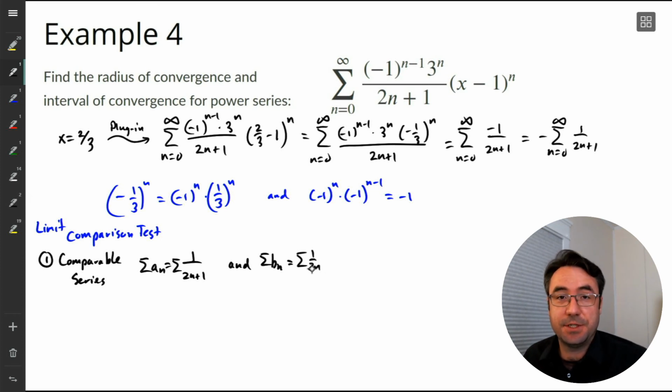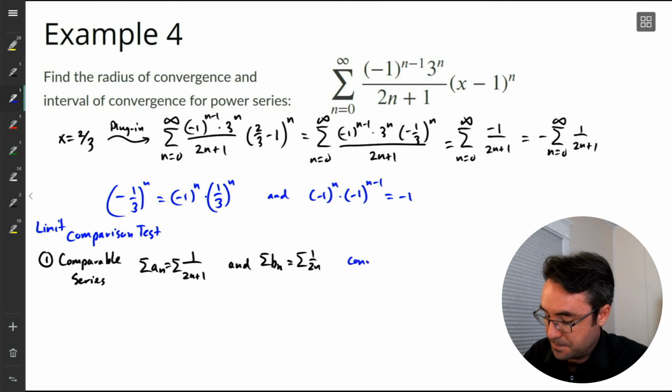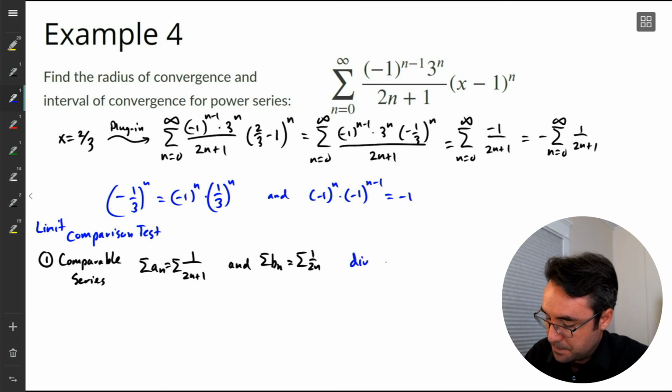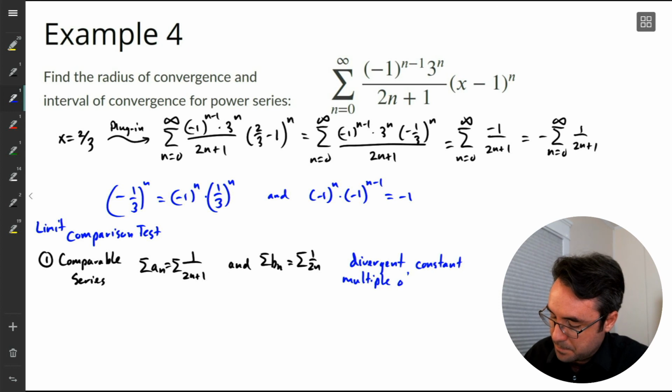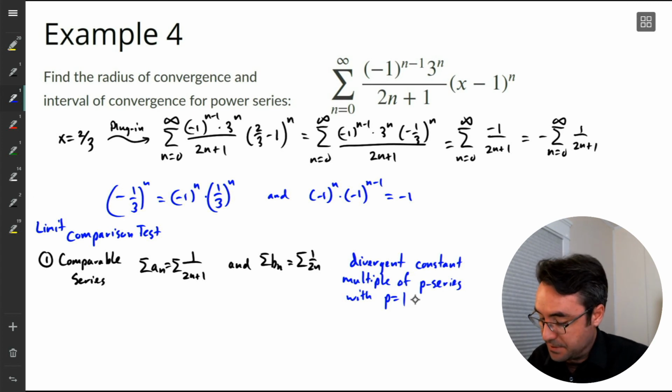this is a divergent p-series, rather. And the p-value here is 1, which is less than or equal to 1.